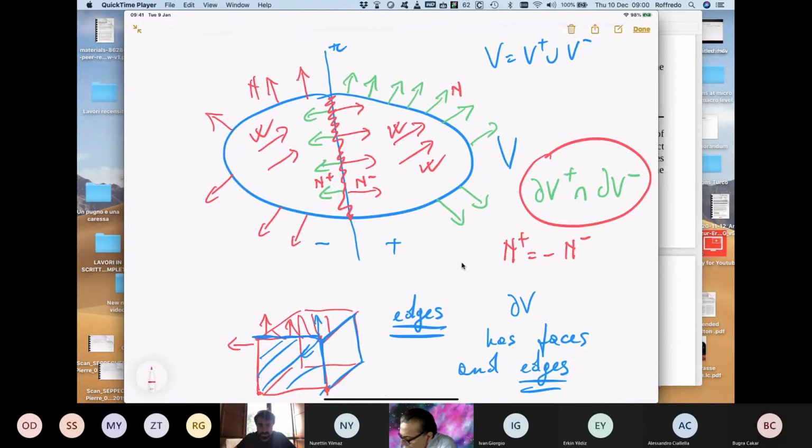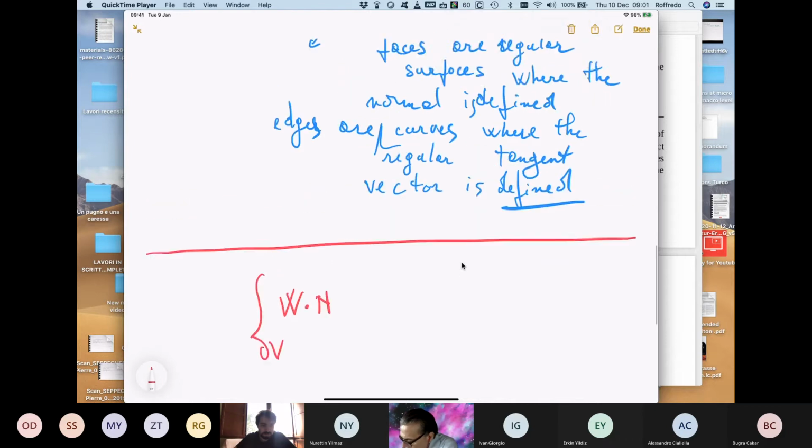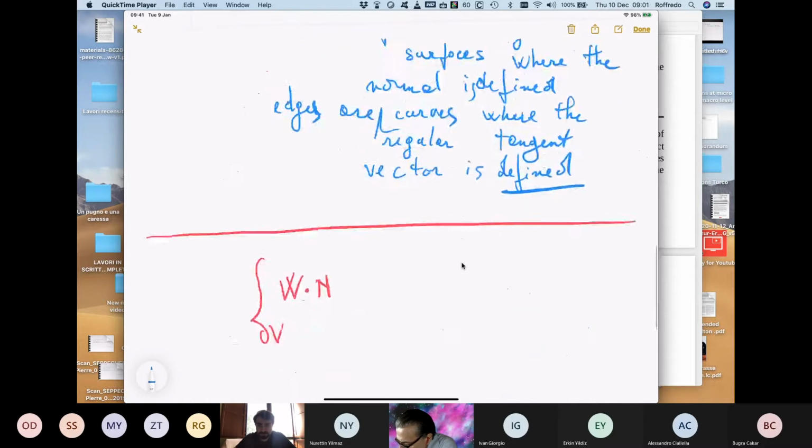So it is really evident that the integral over the boundary of V of W dot N is the flux on the whole surface of the field W.